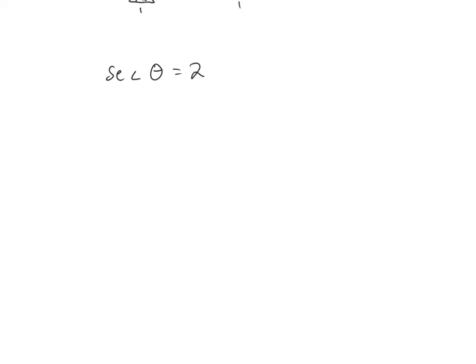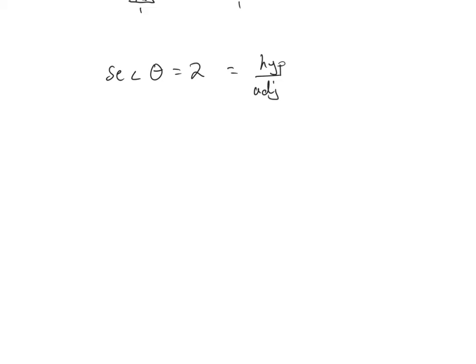So secant is the opposite of cosine, right? And cosine is adjacent over hypotenuse, so secant then is hypotenuse over adjacent.